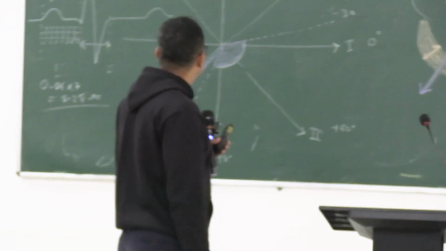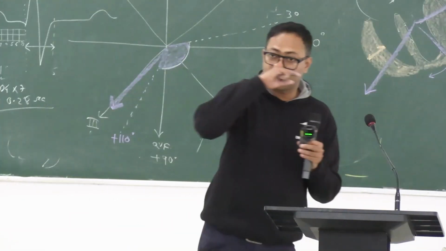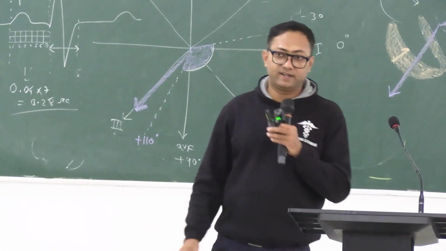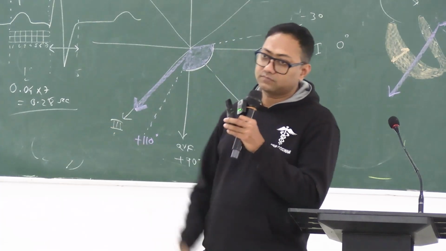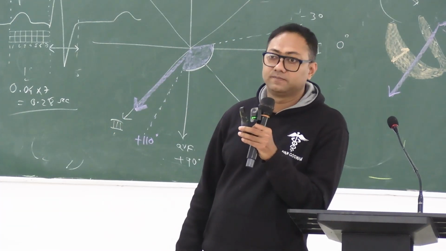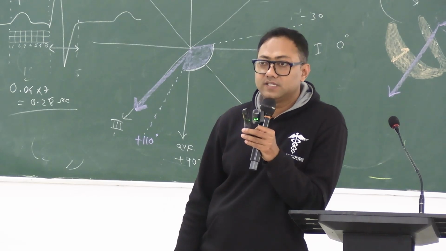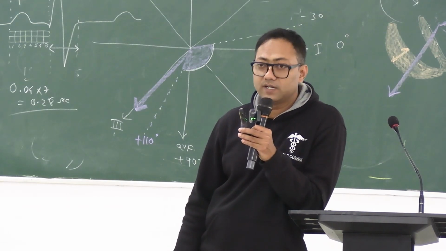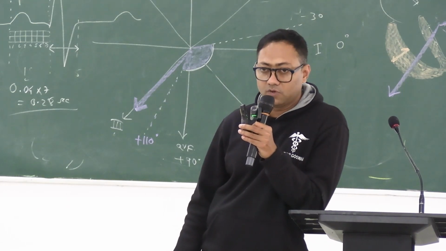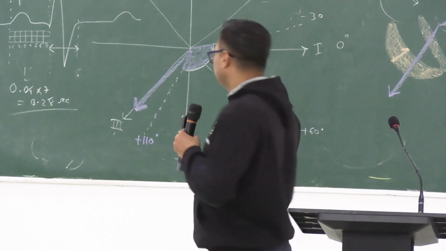We also check ventricular hypertrophy criteria. By simply seeing the QRS complex, you can check whether there is left ventricular hypertrophy or not. There are various criteria.